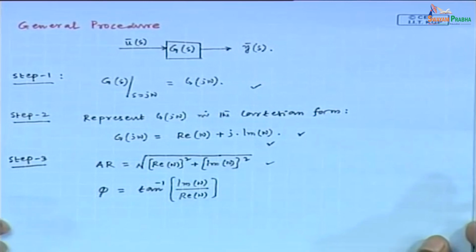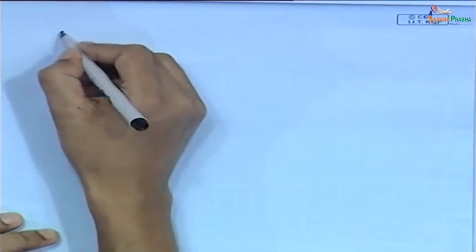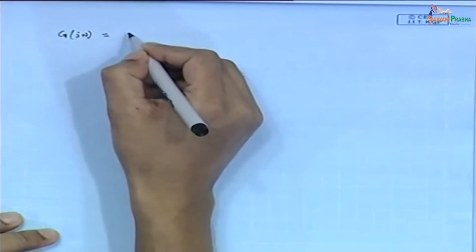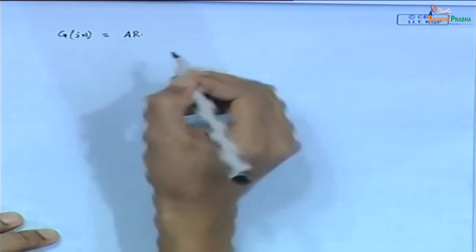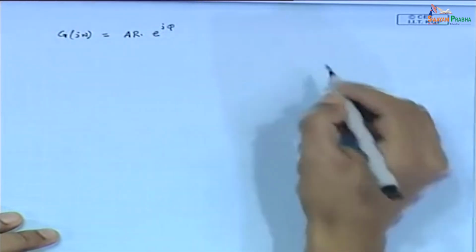Now, the alternative technique: in the alternative technique we can represent the frequency response transfer function in polar form, amplitude ratio exponential of j phi.